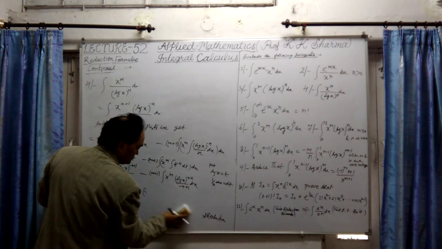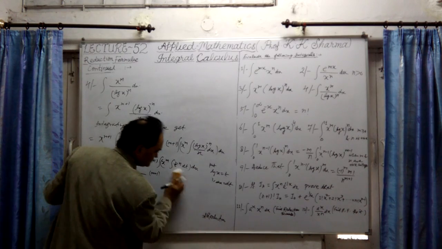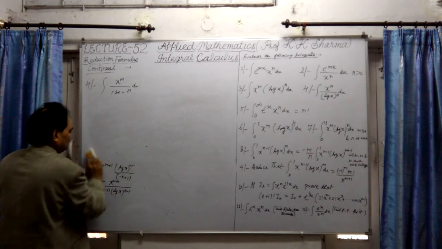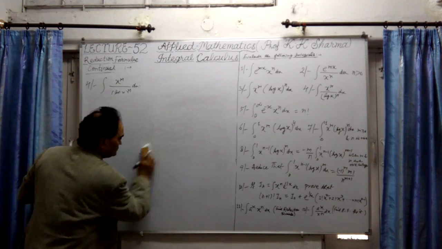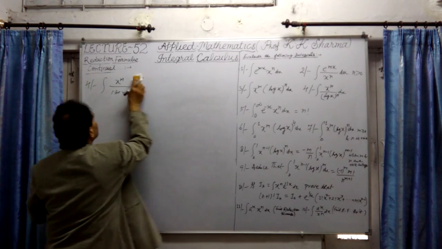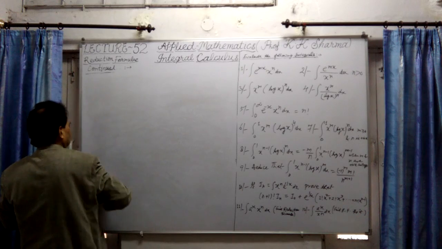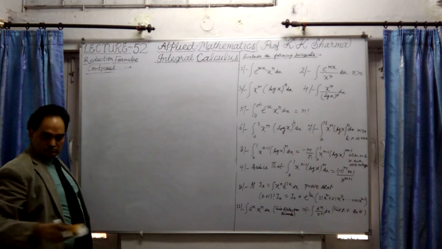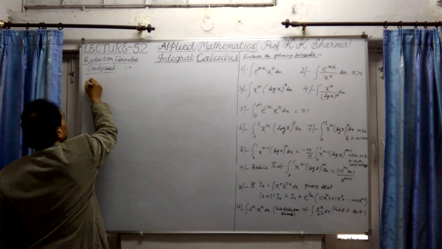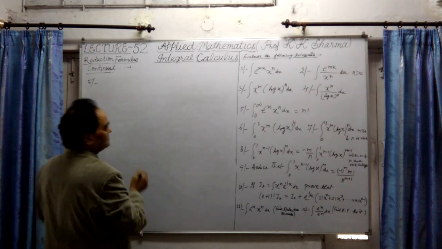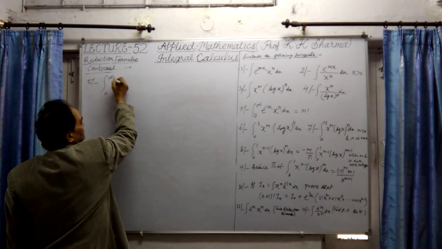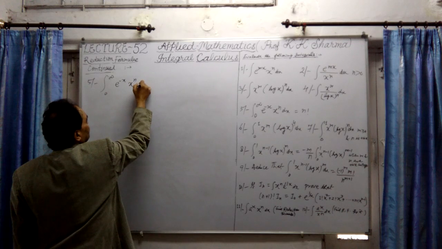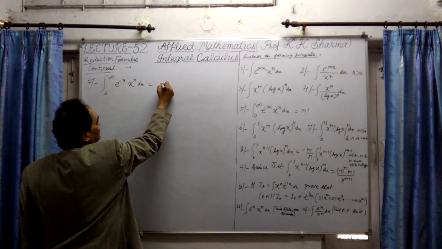Now, question number 5. What does question number 5 say? Let me check. Okay, it says limits 0 to infinity, e raised to the power minus x into x raised to the power n into dx is equal to factorial n.